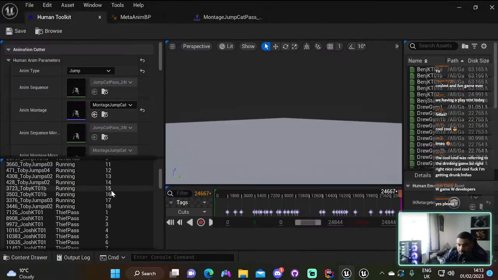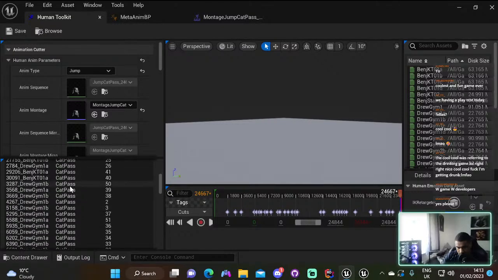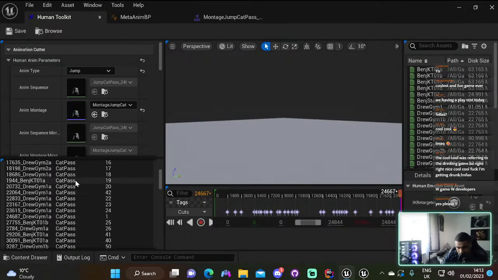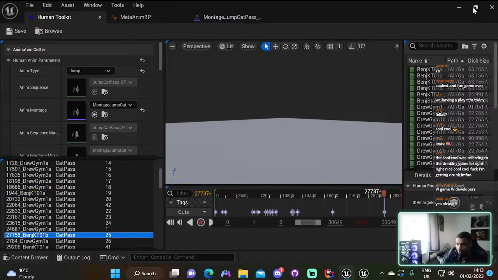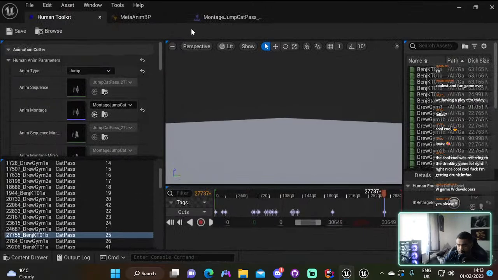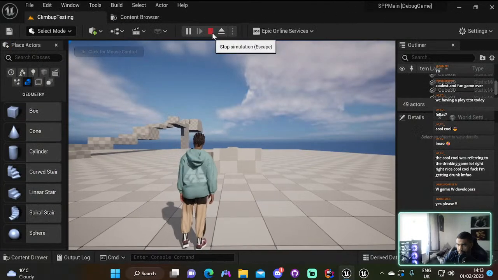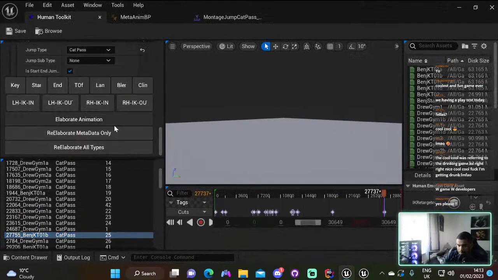What one did I use? I used bench. Just one, I mean, 25. This one has the crazy scale.